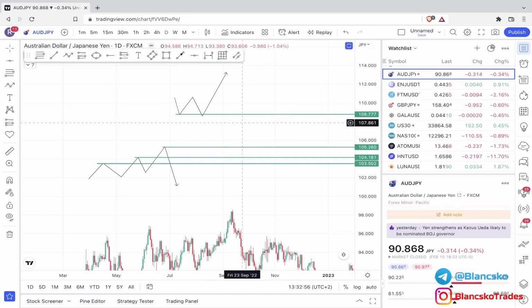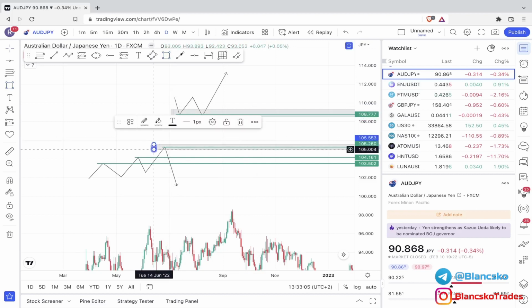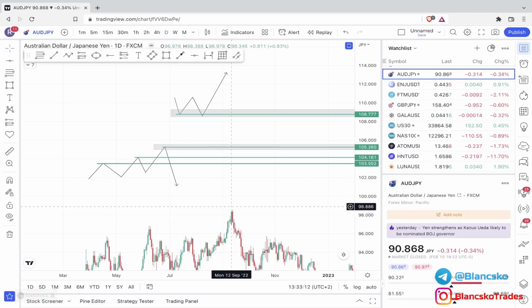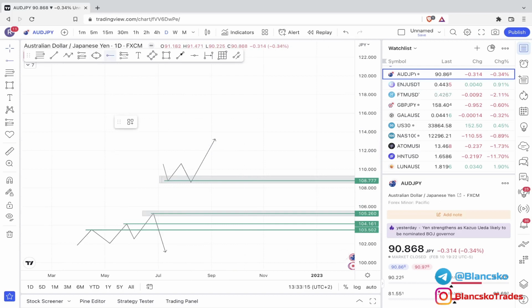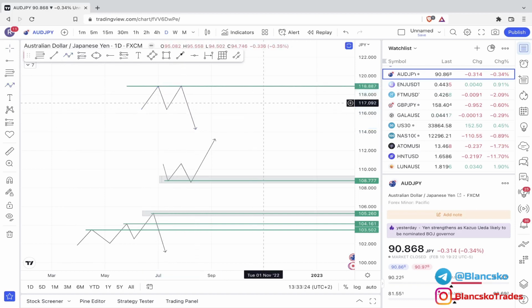What I like to do instead is use the rectangle, and use this as my support, for example, and this as my resistance, because you have to understand there's a very slim chance for price to perfectly respect a line, hitting it spot on, then reversing, and then hitting it again spot on, and then reversing. Of course, it can happen, but very rarely.